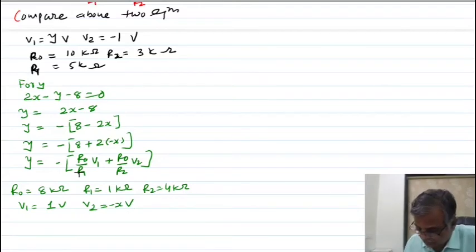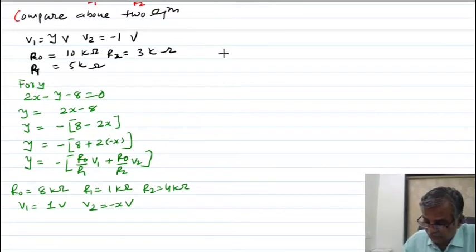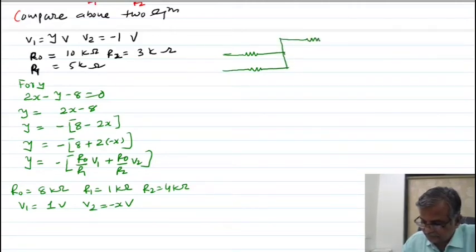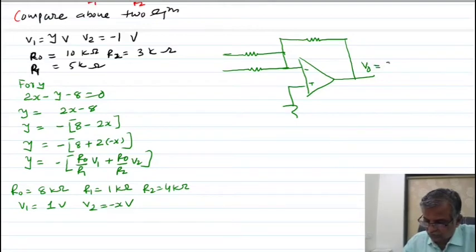Now I will draw the circuit for y. See, I am drawing this circuit. You will get y is equal to 2x minus 8.